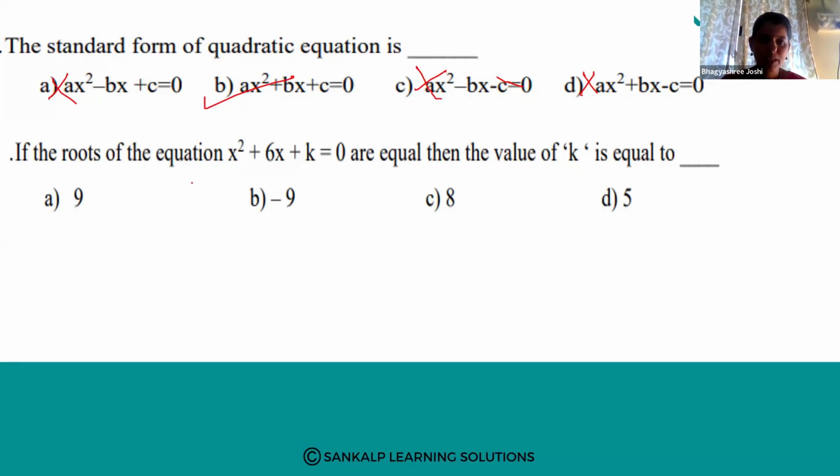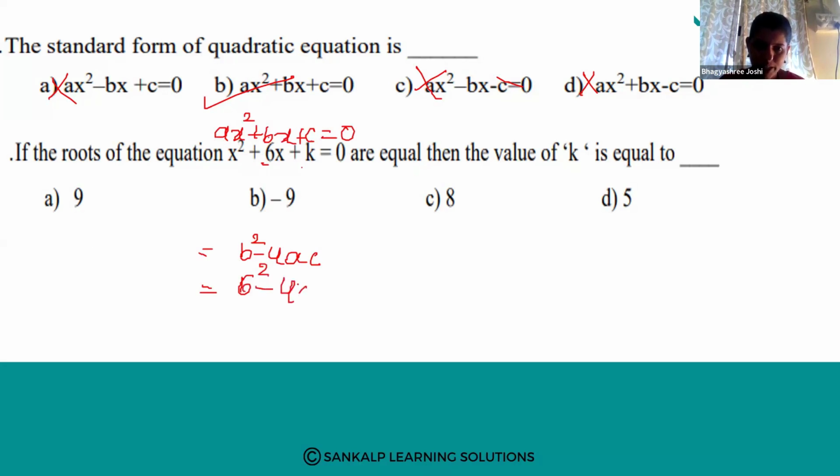If the roots of the equation x square plus 6x plus k equal to 0 are equal, then the value of k is equal to? That means b square minus 4ac, delta, is equal to 0. This is of the form ax square plus bx plus c equal to 0, so a value is 1, b value is 6, and c value is k.